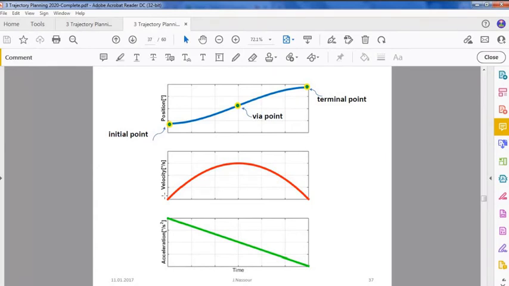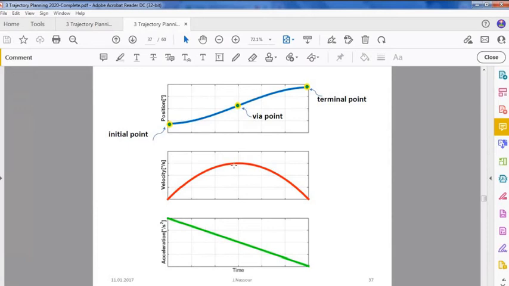So your velocity will increase at the middle of traveling. So your robotic arm will increase its velocity and then slow down until the stop position, final position.